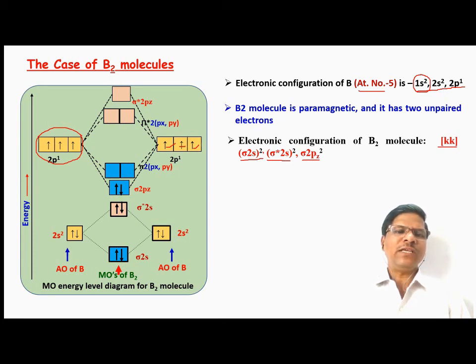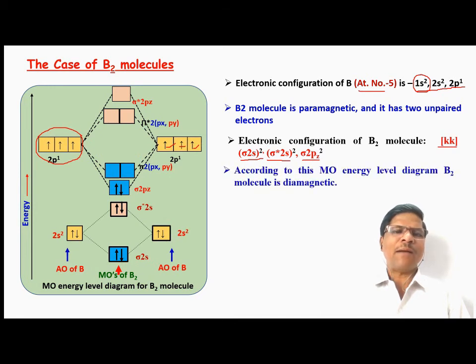So if you see this molecular orbital energy level diagram, this predicts that the B2 molecule is diamagnetic. But what is the observed case? The B2 molecule is paramagnetic. So it means that this molecular orbital energy level diagram must be modified.